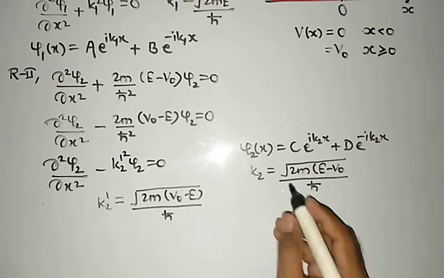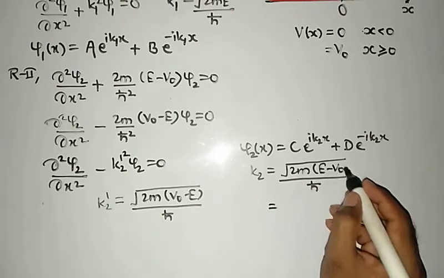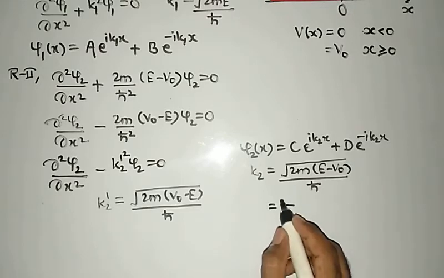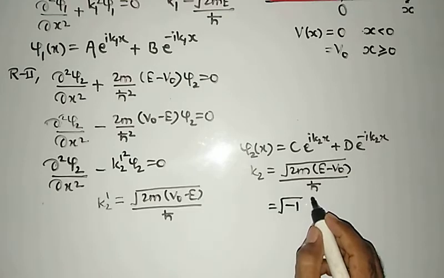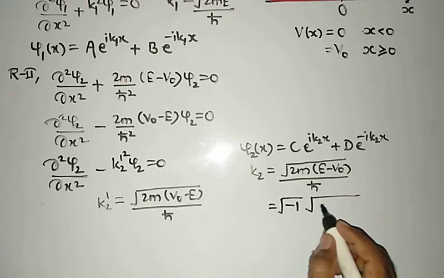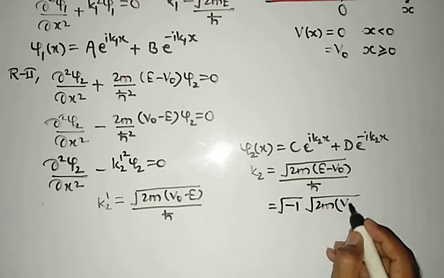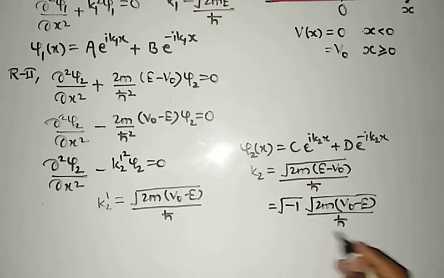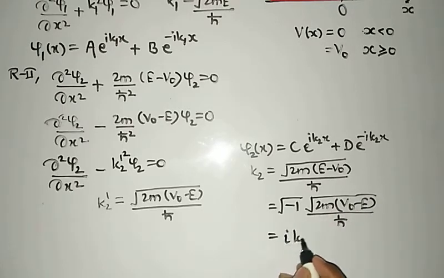This will be minus of under root minus 1 times under root 2m (V naught minus E) upon h cut. Obviously this will be i, and this will be k2 dash. So this is 1, this is k2. So what will be i k2 now? This is minus k2 dash.